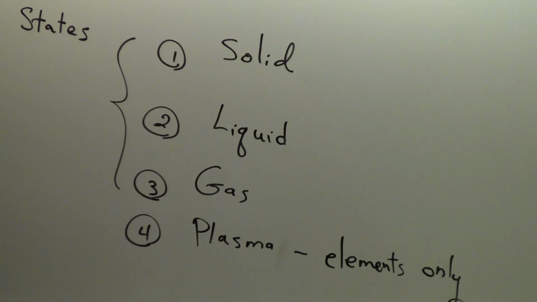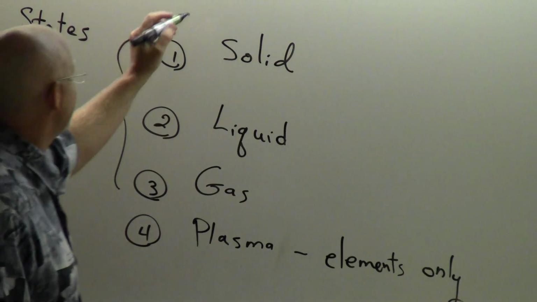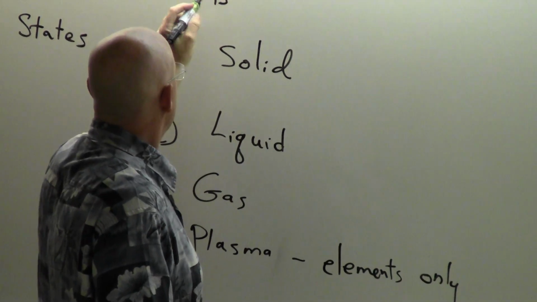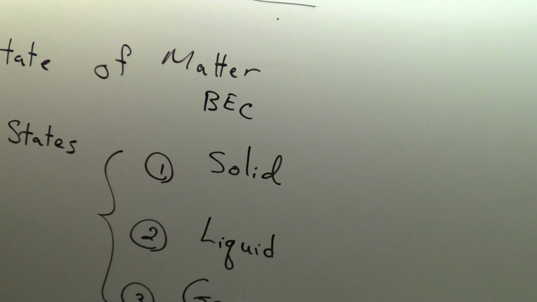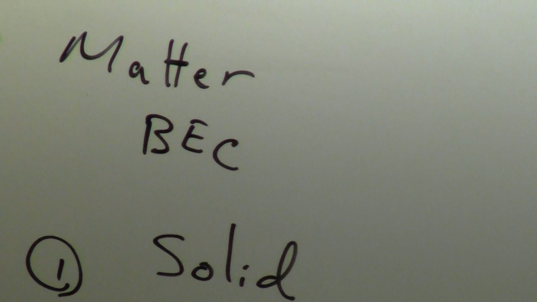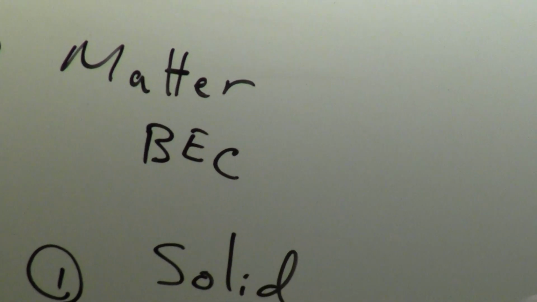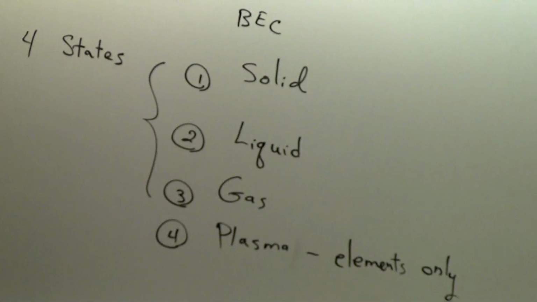It's also why we probably have never heard of the Bose-Einstein condensation. The 5th state of matter, maybe I'll just throw it up there, but your book doesn't even mention it, so I won't go any further on that one.